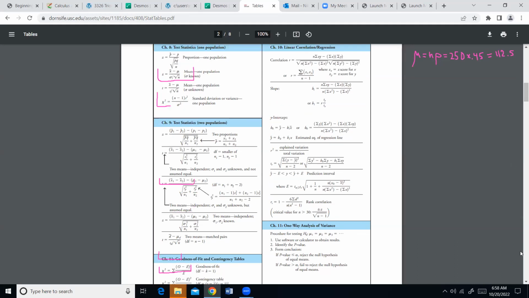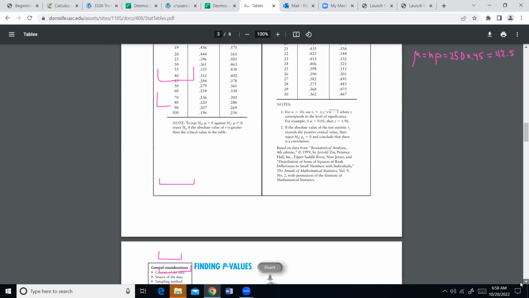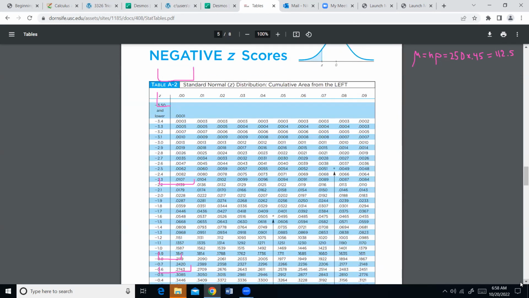So anyways, I'm gonna leave these pages for now and move to the page that we really need. And this is the z-score story that is actually utilized by the so-called standard normal distribution.